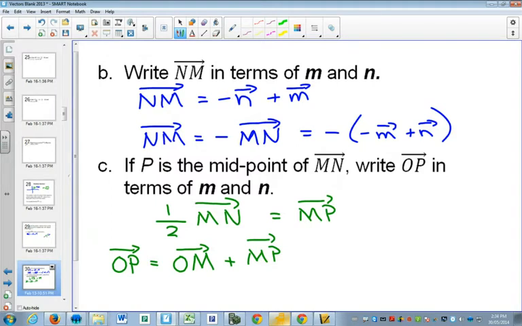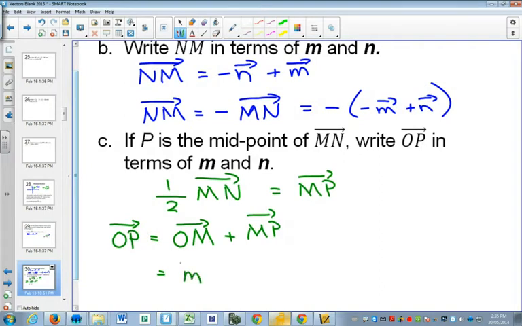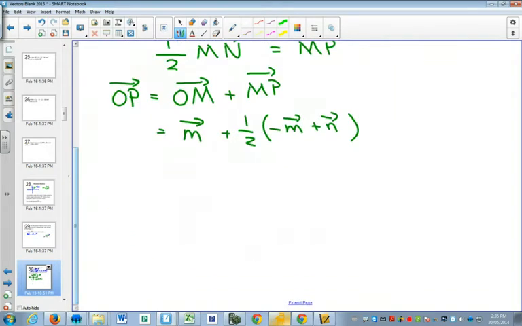Well, first of all, to go from O to M, we know that that's just vector M. And I just wrote above that M to P was halfway from M to N. So I can say halfway from M to N, and we figured out in part A that M to N was negative M plus N. Multiply that through and simplify, and you're going to get halfway M plus halfway N.